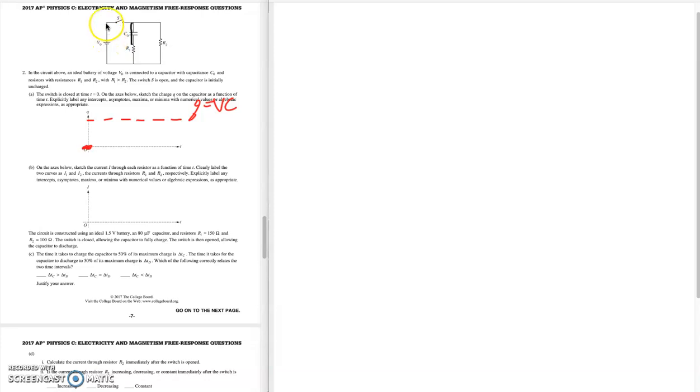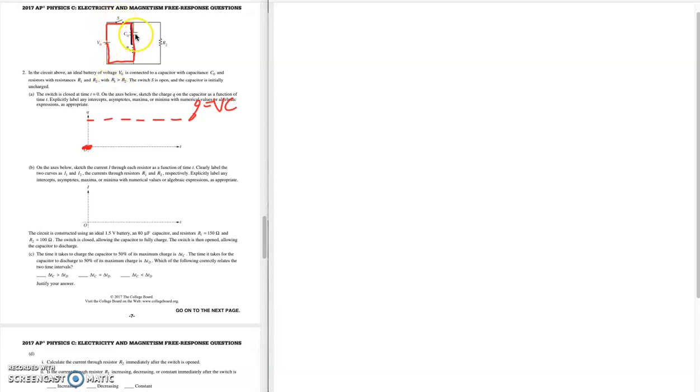Well, if you take a look at our circuit here, the positive side of the capacitor is attached to the positive side of the battery, and then the negative side of the capacitor is attached through a resistor also to the negative side of the battery. There is nothing in this loop outside of the branch that contains both the capacitor and the resistor. There's no extra resistor up here with the switch or down here.